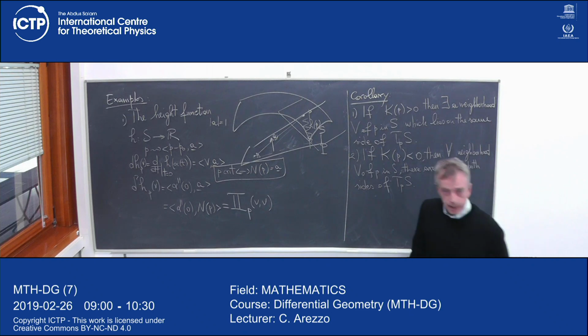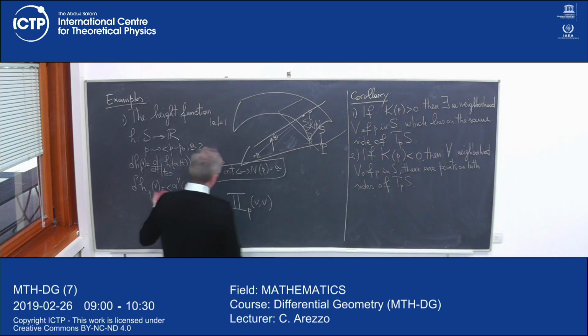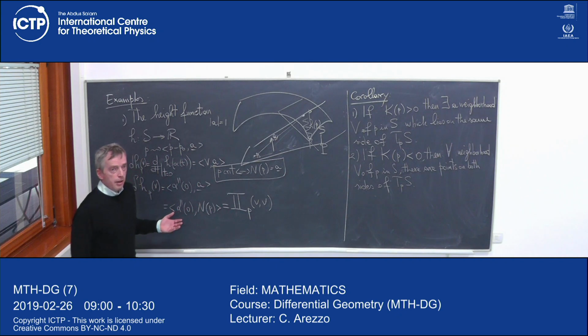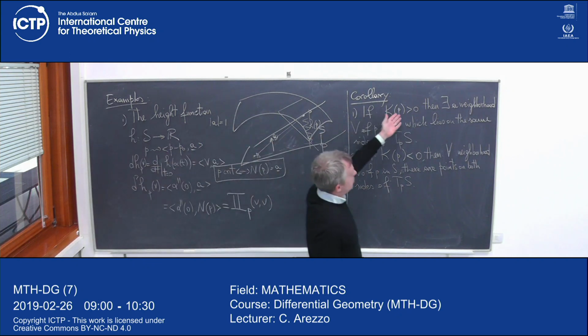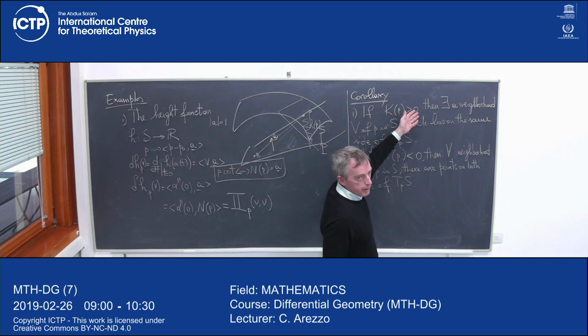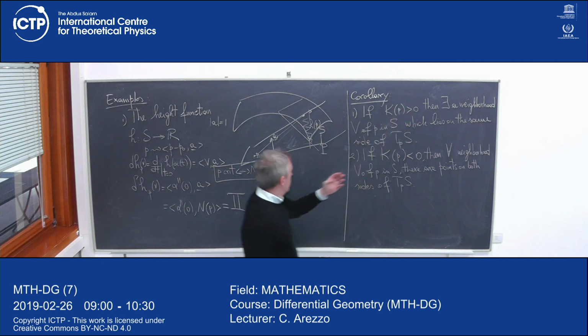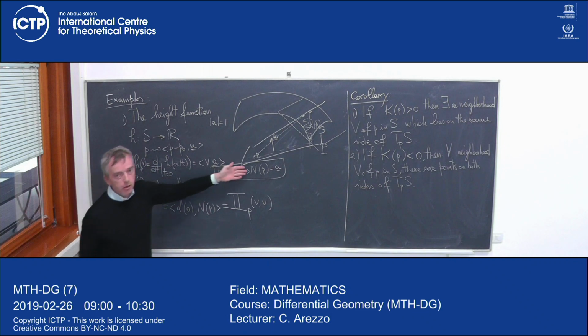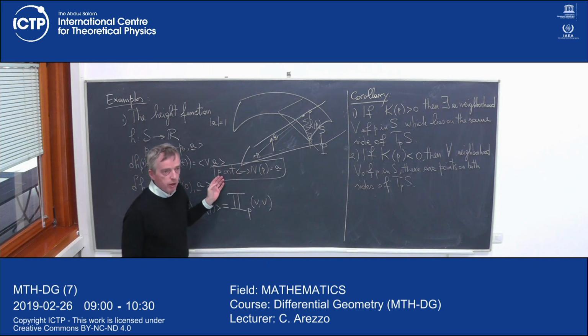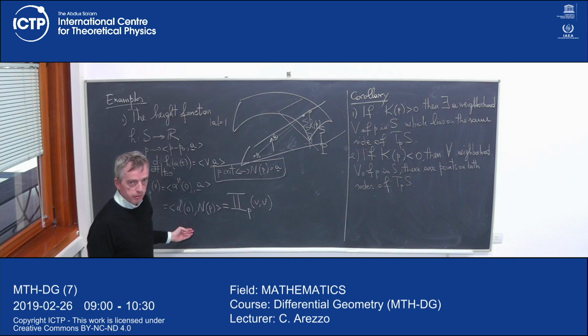I'm just applying the calculus theorem. The nice thing is this corollary is about any point, while before it seemed I had to do the computation of the Hessian for very special points, because I first had to identify critical points, and then I could go on to the Hessian.